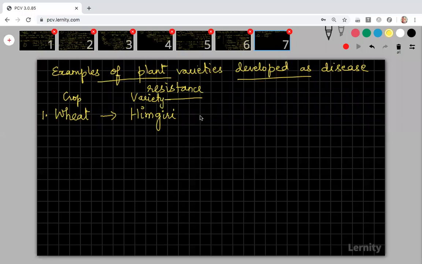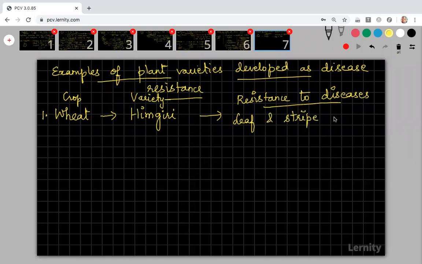And again I will write down to which diseases they are resistant. This wheat variety called Himgiri was developed for resistance against diseases called leaf and stripe rust disease, and also one more disease called hill bunt disease.